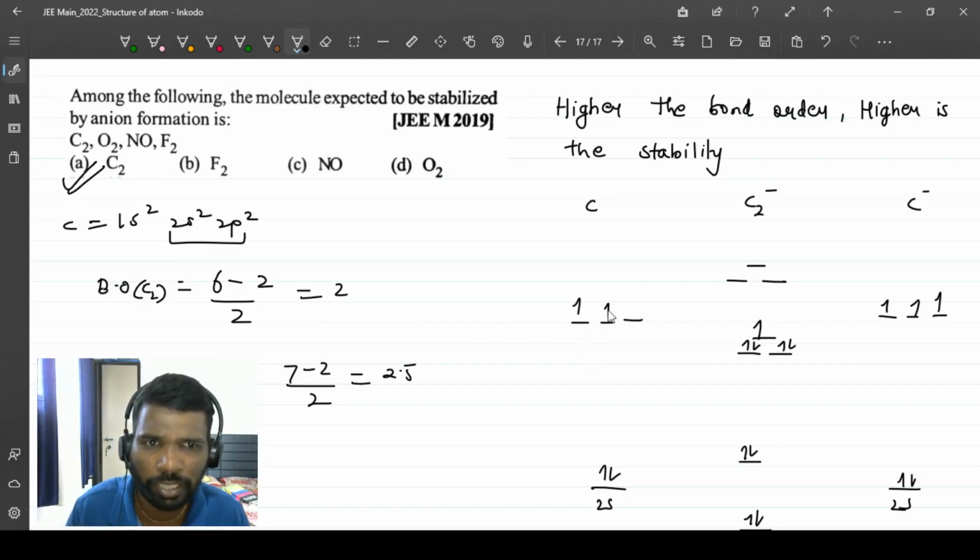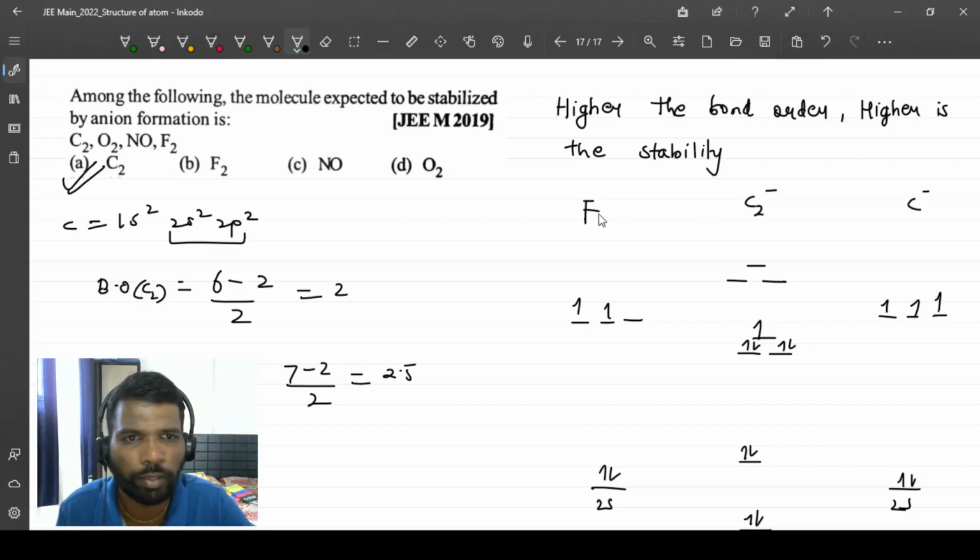Okay, let's check the other molecules also. What is the trend? Fluorine. This is fluorine, and this is fluorine, and this is the F2 molecule.